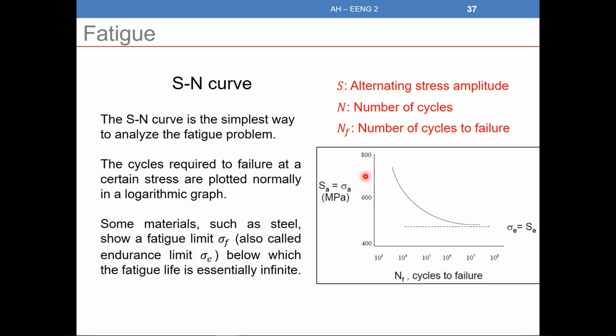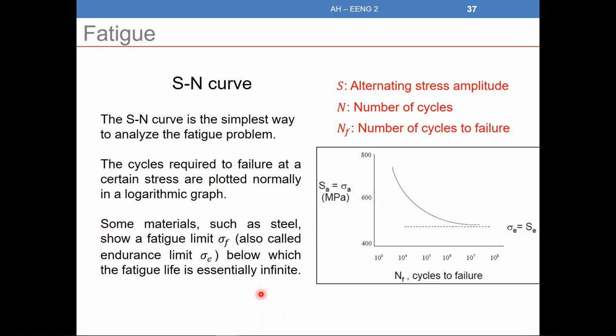Now, if I put, let's say, 700 here, I will have less number of cycles. If I put, let's say, 500, I will have 10 power 5. What does that mean for 500? Which means I take another specimen of the same material now, and I put an alternating stress with an amplitude of 500 megapascal. And now it will take 10 power 5 cycles to failure.